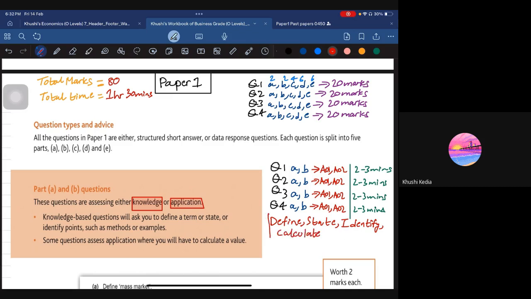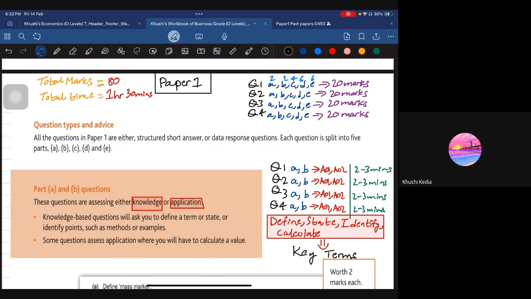So these are basically what we call the key terms, right? Yes, sir. Which will be asked in a question part A, or it could be part B.